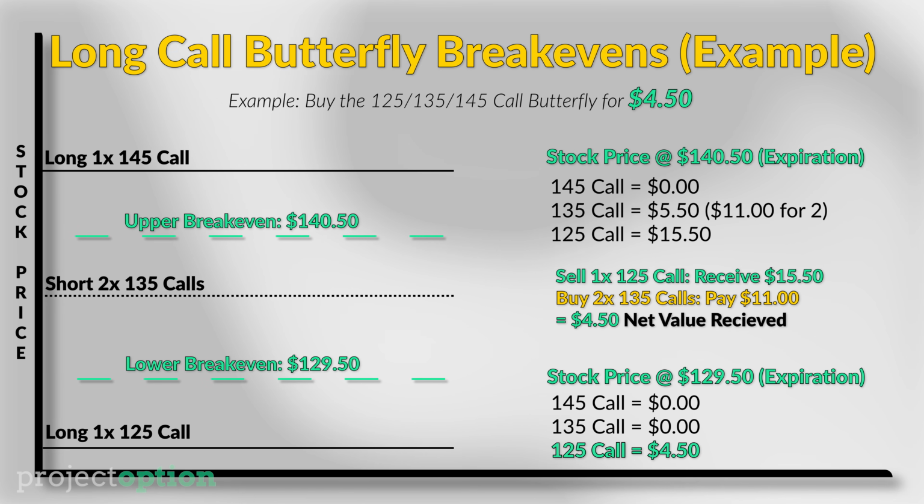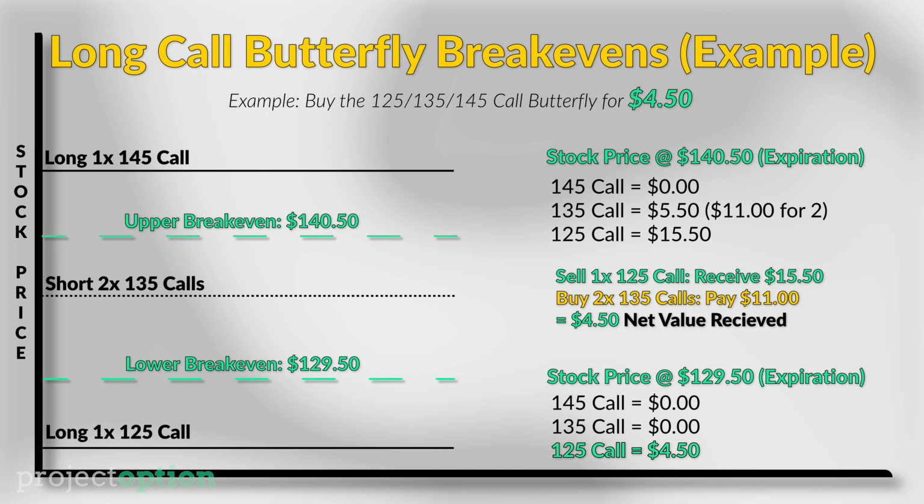So we're left with the 125 call and the 135 call. And now I'm going to introduce something called net intrinsic value, which is the sum of the intrinsic value that I own minus the intrinsic value of the options that I am short. So as I mentioned, with the stock price at $140.50, the 125 call option that I own has $15.50 of intrinsic value.